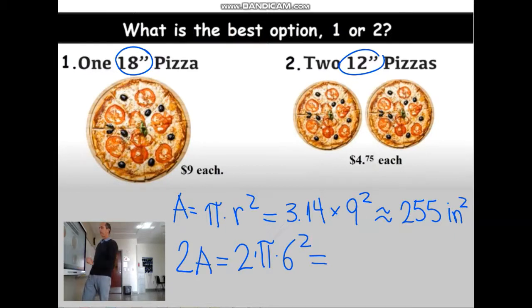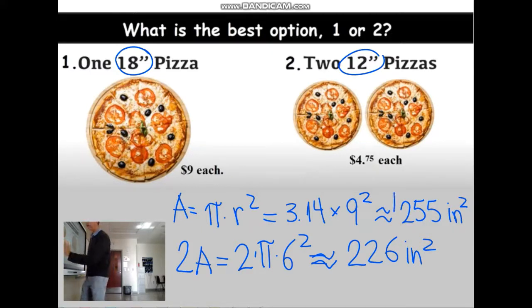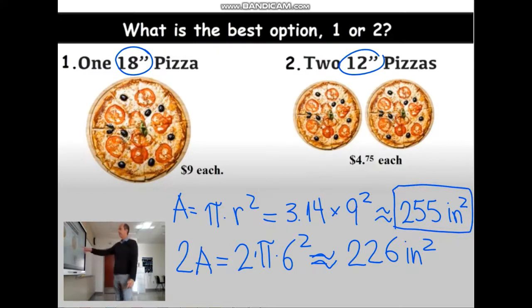If you calculate it, you're going to find approximately 226 inches squared. That means option number 1 has more area, more pizza, and the price is a bit less than option number 2. The best option will be option number 1.